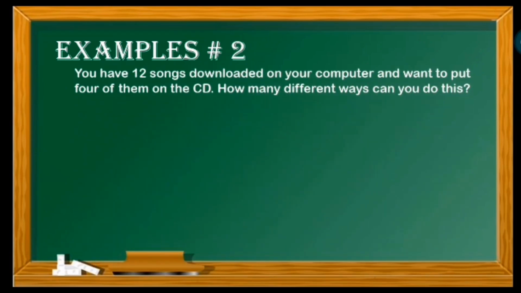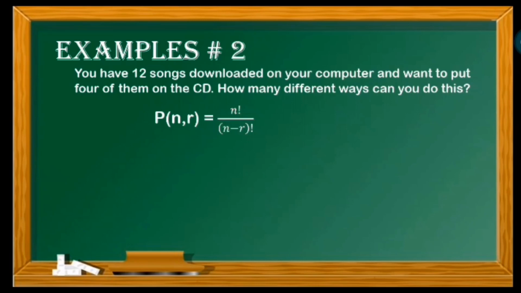You have 12 songs downloaded on your computer and you want to put 4 of them on a CD. How many different ways can you do this? Let's analyze first the problem and determine what is our n and what is our r.